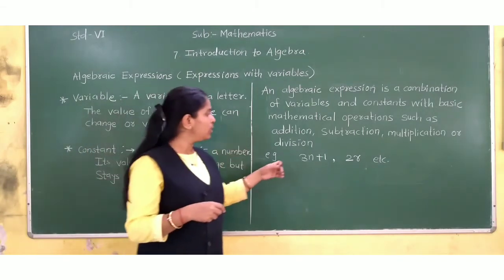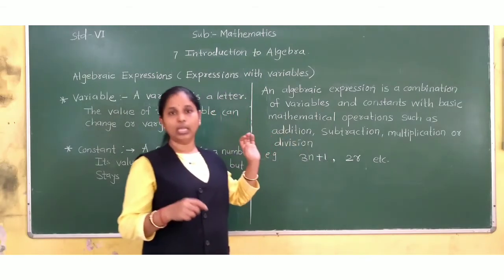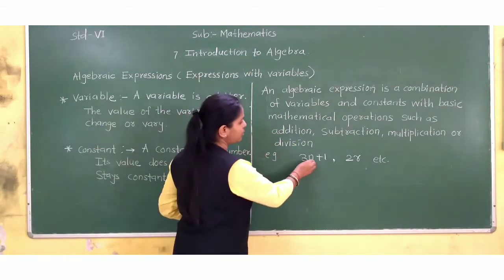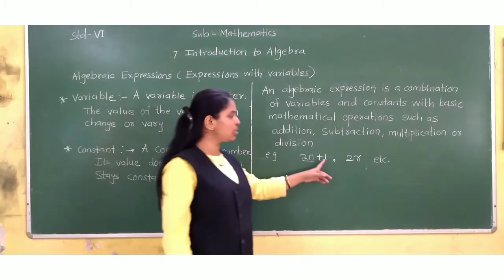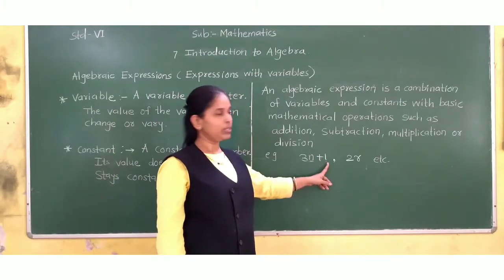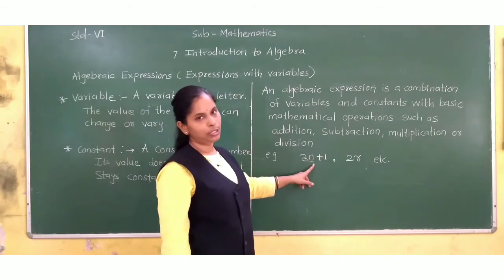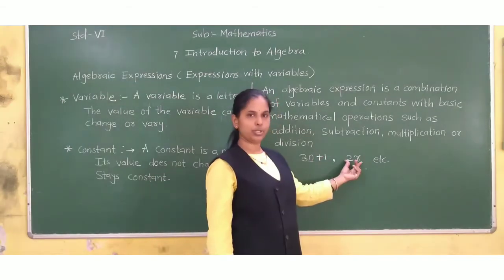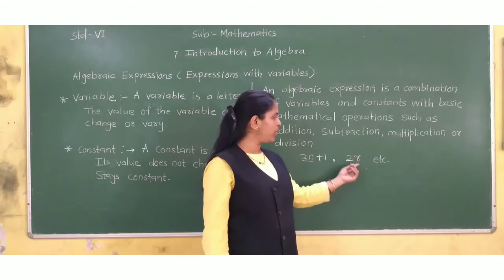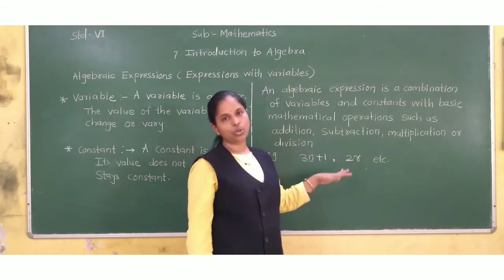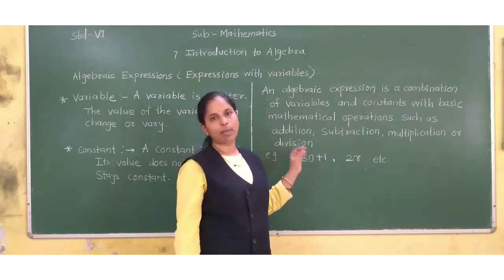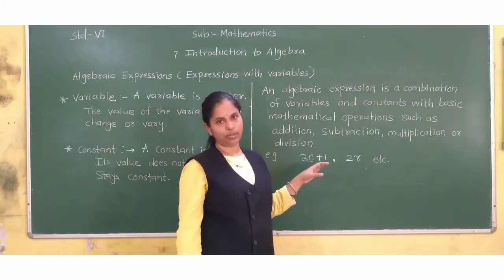For example, 3n plus 1. Here n is a variable, 1 is a constant. This value will never change, but the value of n can change. Next is 2r. Here also a variable and constant are there, so this is also an example of an algebraic expression.